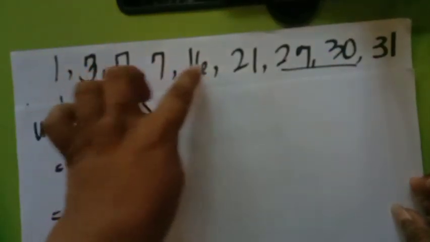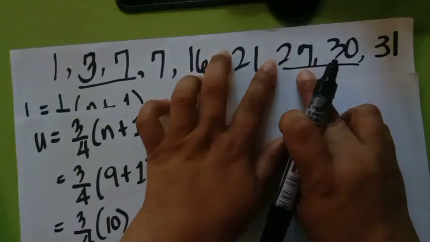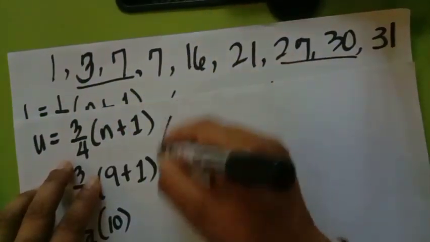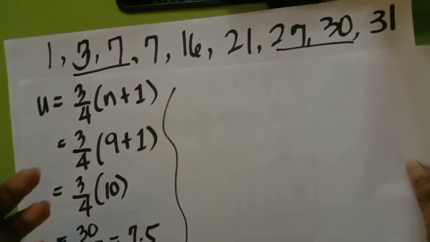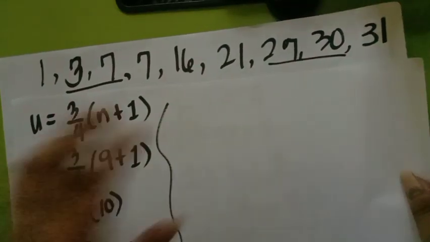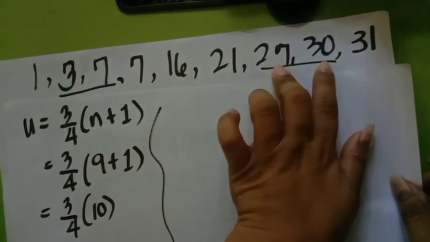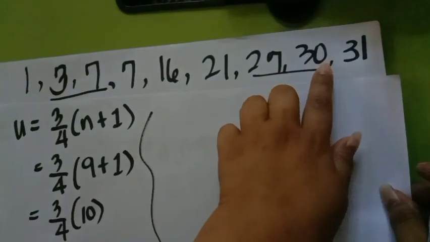So, this is the 7th data. This is the 8th data. So, ibig sabihin, kung ano man yung makukuha nating upper quartile or Q3, that is any number between 27 and 30. Hindi na siya bababa ng 27, hindi rin siya tataas ng 30.